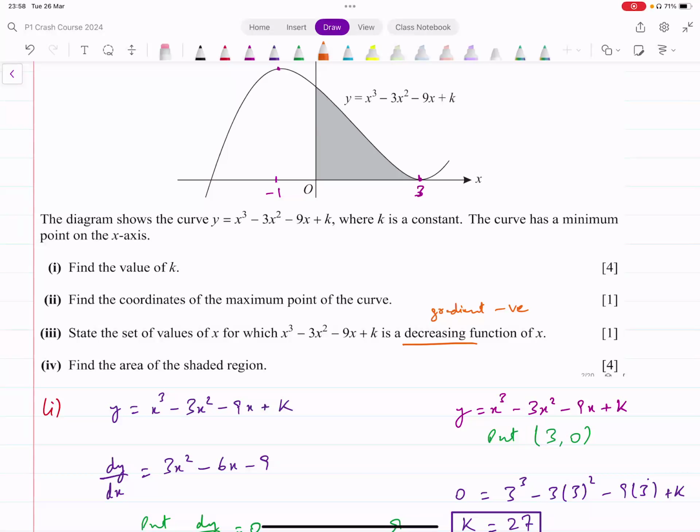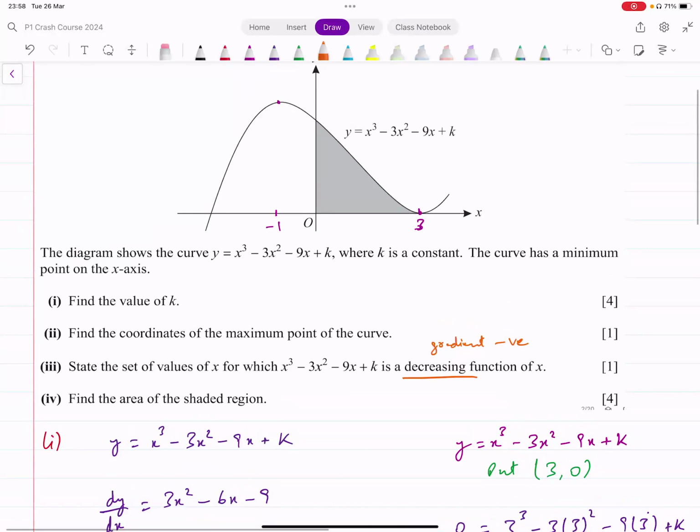But in this case, we have the graph given, so we can see from the graph. On the left side of this maximum point, the function is increasing, the gradient is positive. And then the function starts going downwards. So here the gradient is negative. So this is the decreasing part of the graph.